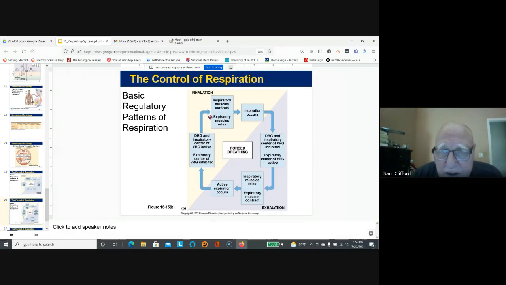And so inspiration is greatly enhanced in order to pull in a lot more air during exercise and to get rid of a lot of CO2 and to accumulate oxygen when you've been exercising, and when you need to get a much larger volume of air pumped into your lungs, not pumped into, but pumped by the muscles somewhat. But you have active expiration because other muscles are involved. Expiratory muscles are involved. Those other muscles, when muscles are used beyond the diaphragm.